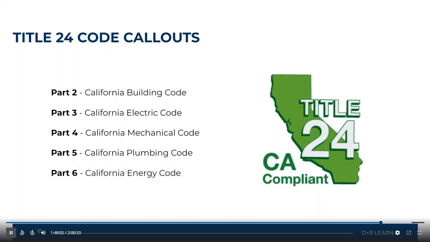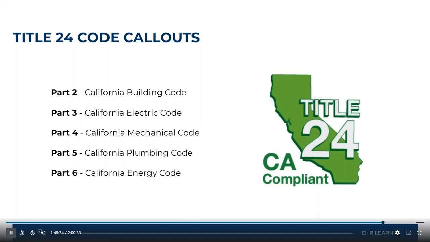Now, there are a few parts that I am going to recommend that you focus on as far as Title 24 is concerned. When dealing with heat pump systems, you want to be concerned with Part 2, which is California Building Code, Part 3, California Electric Code, anything that has to do with NEC, Part 4, Mechanical Code, specific to California and its appendix, Part 5, Plumbing Code, and Part 6, California Energy Code, which is going to deal more with your demand response requirements.